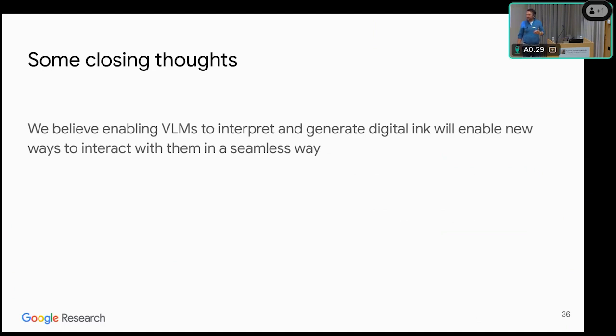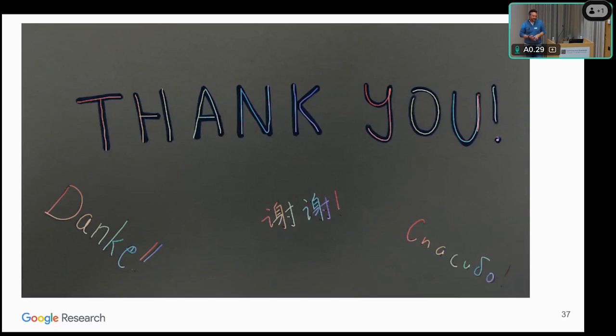Also, if you think of other use cases like education, the way I would explain something to somebody if we were sitting down at a desk would be to draw and to underline things and point to things and so on. And so we think there's a huge opportunity for these models to not just understand, for example, speech and images, but also to understand handwritten and free-form input. And with that thought, I'll stop there.